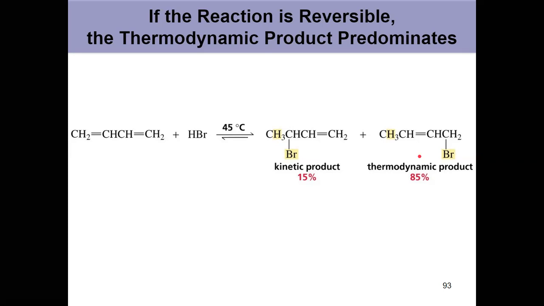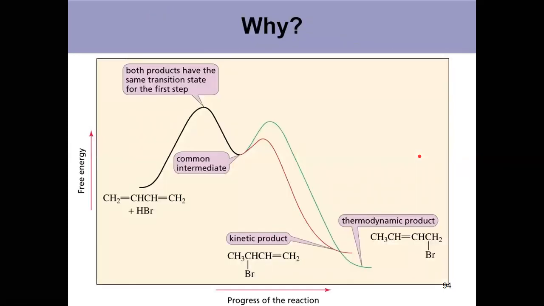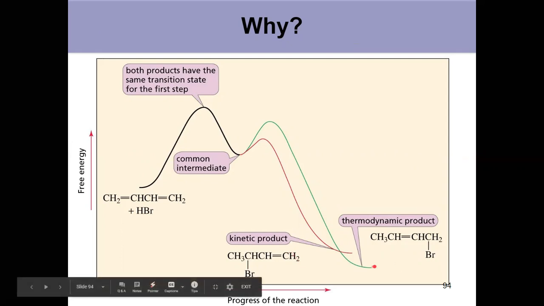Well, it's more substituted. So if we look at the energy diagram, the reaction coordinate diagram, it's the same first step. Notice there's no divergence there. It's my butadiene going to a common intermediate with 2 resonance contributors. But then at the end of the day, the thermodynamic product, the more substituted alkene, is lower in energy than the kinetic product.